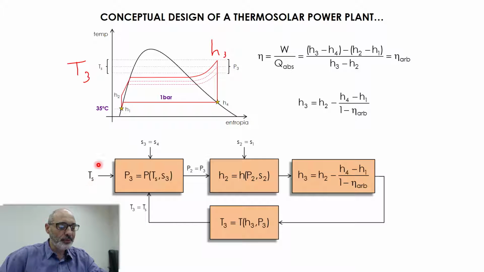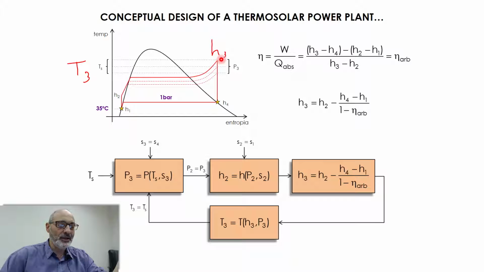The idea is you start by estimating the temperature that you want to calculate, and you use all the formulas that you have in your problem in order to calculate the variable that you estimated in the first place. And this goes iteratively. So let's suppose that we know Ts, an estimation of Ts, which is T3 here.